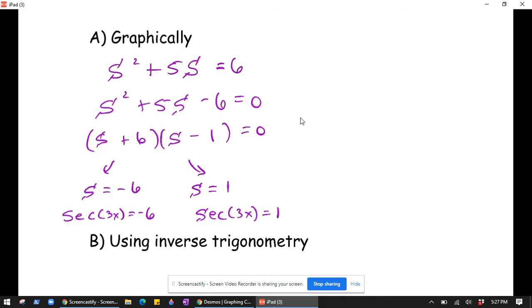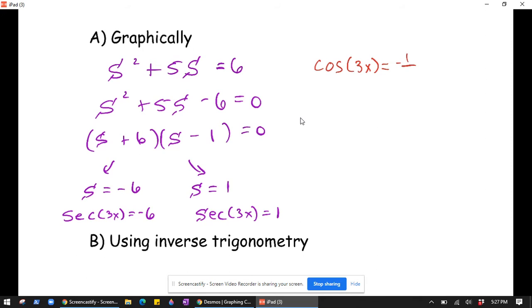What people often do, because we're more familiar with the original trig functions, sine, cosine, and tangent, is turn these equations into their reciprocal versions. So for instance, secant of 3x equals negative 6. Whatever the solutions are to that equation must be the same as the solutions to cosine of 3x equals negative 1/6.